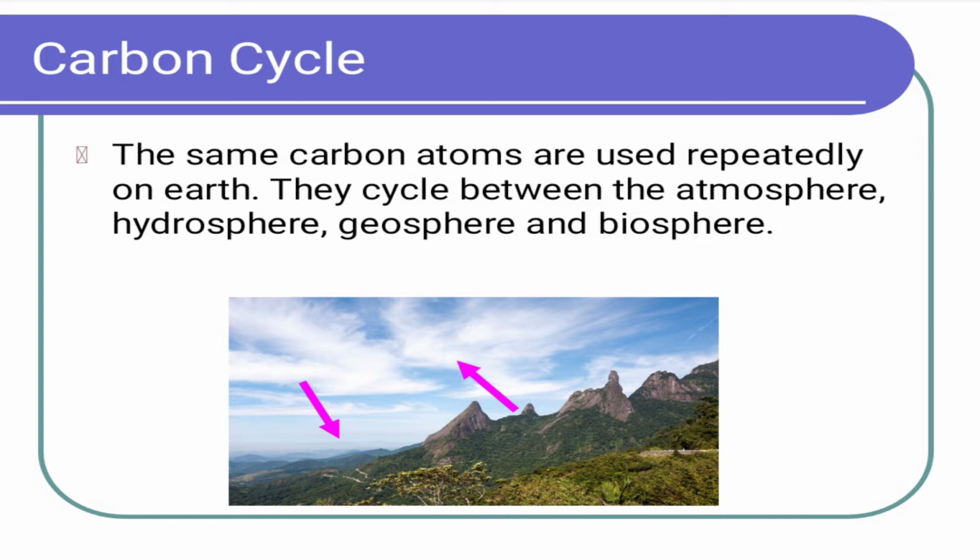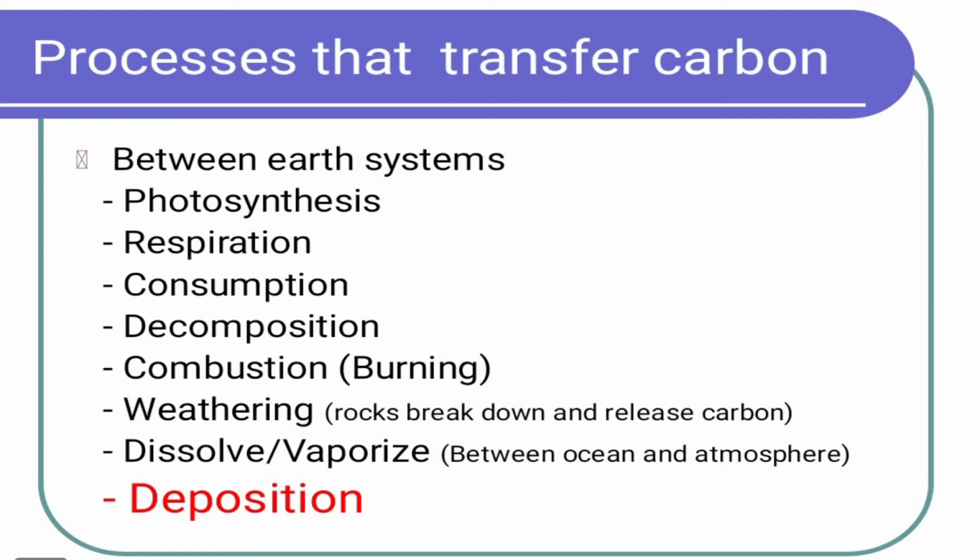The carbon cycle, involving the circulation of carbon within the biosphere, includes two pathways or cycles.